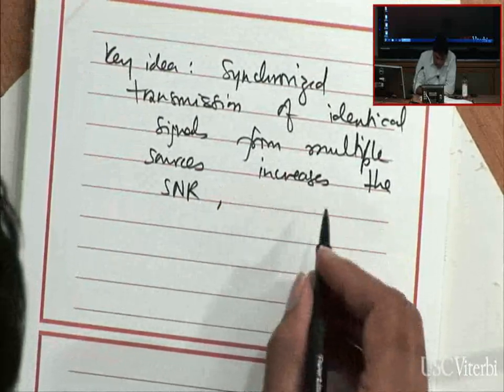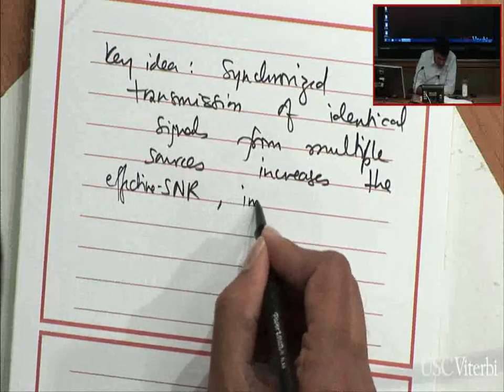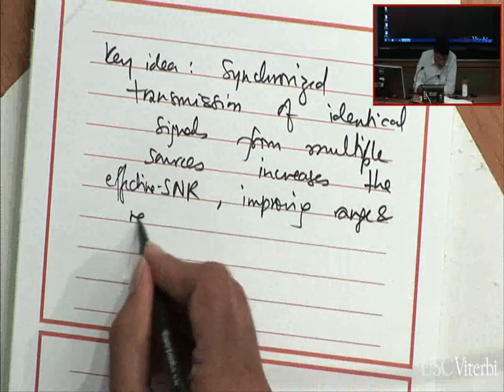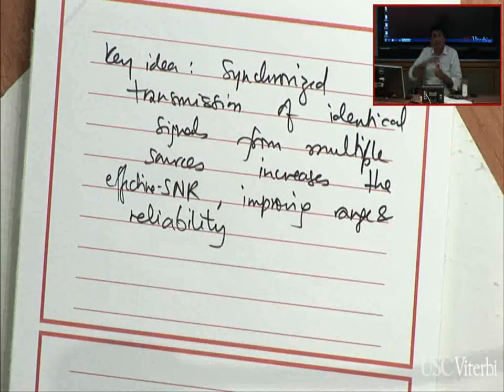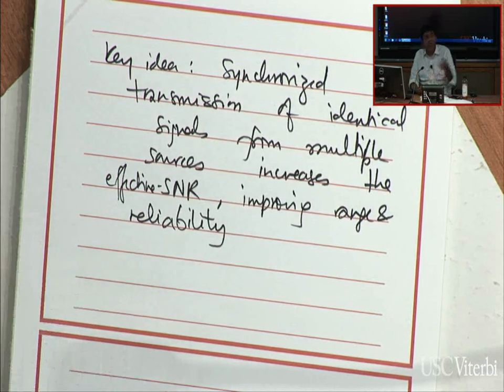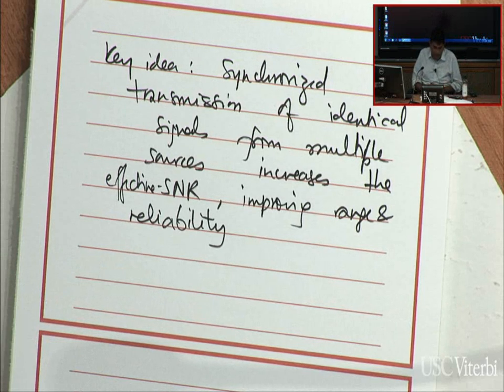I'll say the effective SNR, sort of improving range and reliability. So it becomes more likely that any node that's hearing this loud signal coming from every node in the network synchronized with each other, it increases the possibility that you decode it correctly, and it also potentially increases the range over which you can decode it correctly because you're able to hear it farther. So that's really the basic idea.